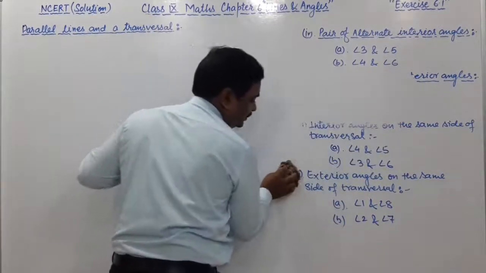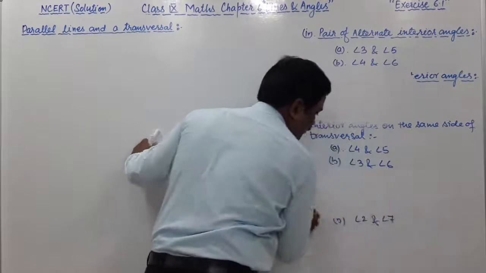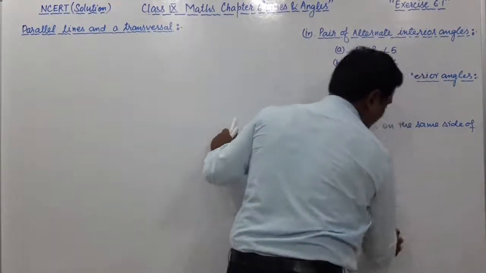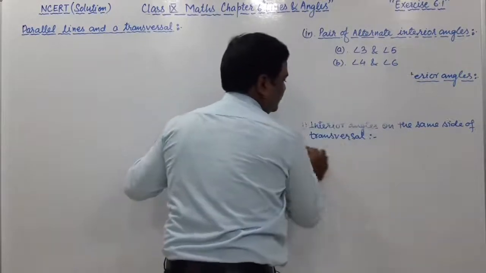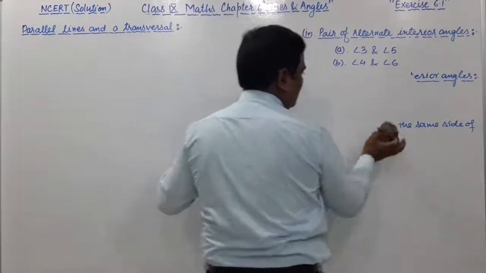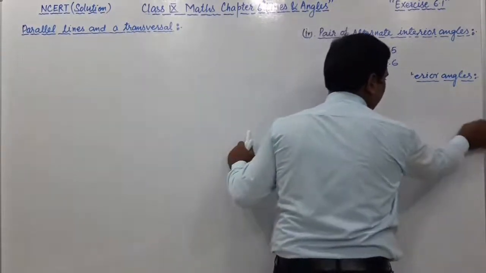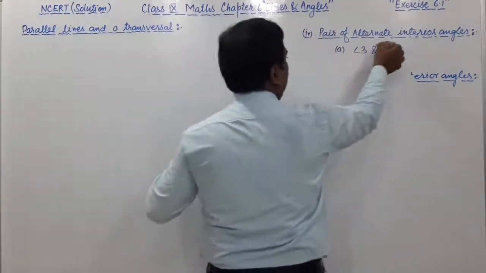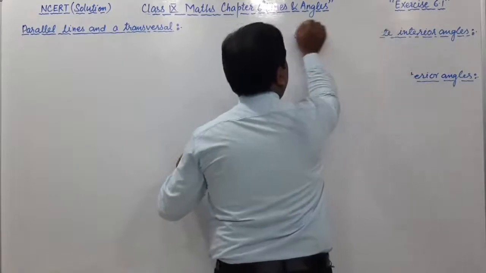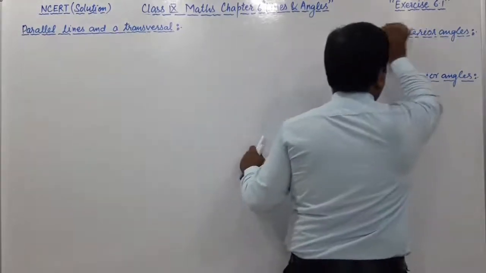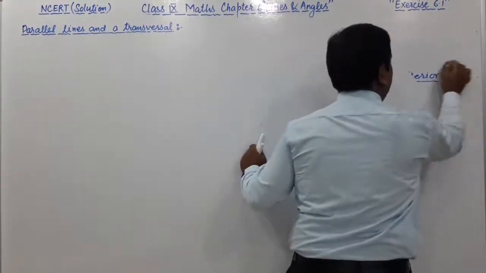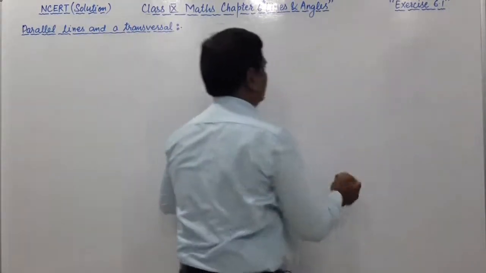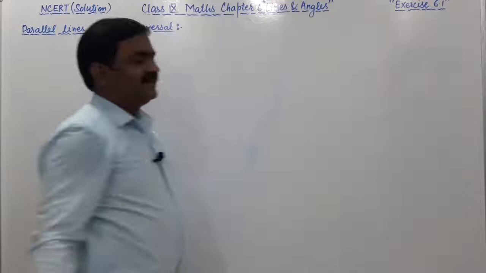In the chapter Introduction to Euclid's Geometry, this was related to Euclid's fifth postulate. You have read the figure, you must have drawn this same figure there. And you have read that Euclid's fifth postulate tells the existence of parallel lines.